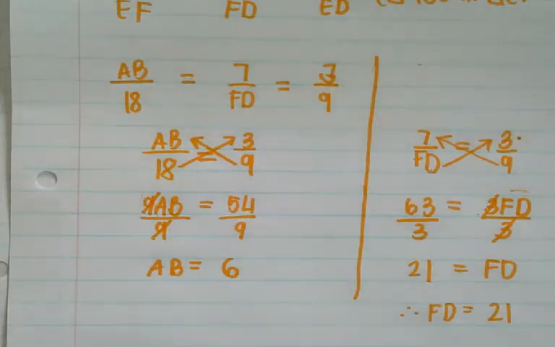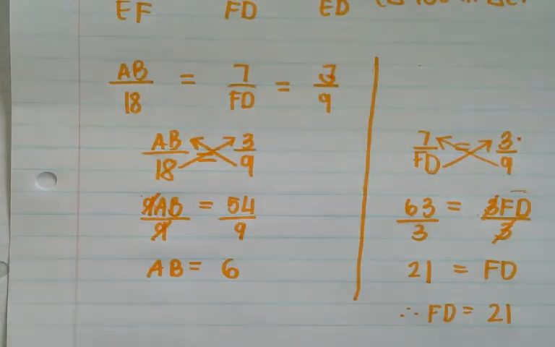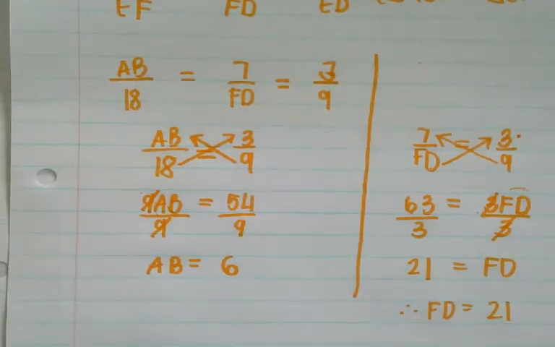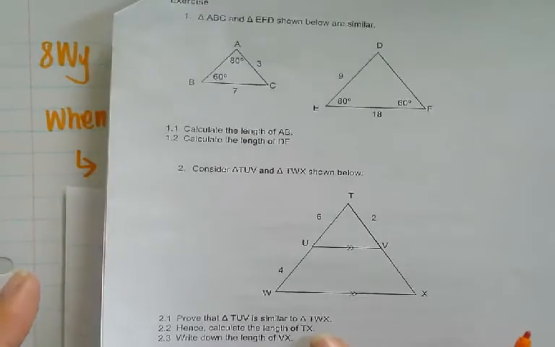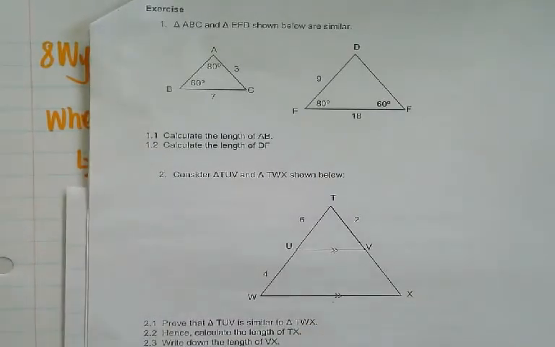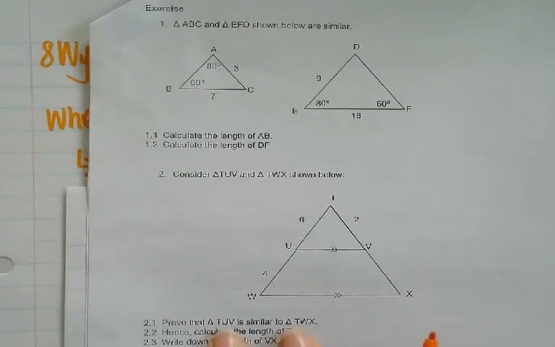Okay. Let's look at my next example. And now they are asking me to prove before I calculate. So my first question you should be able to do: prove that triangle TUV, they give you the name, is similar to triangle TWX. So the T's are corresponding, the U and W are corresponding, and the V and X are corresponding.